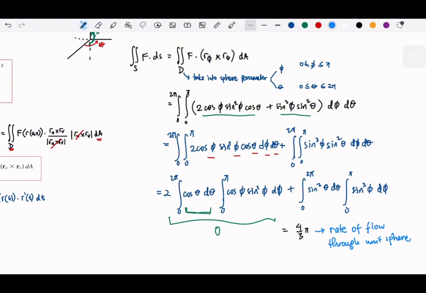And again, this is not in the XY graph. It's on the sphere parameter, right?